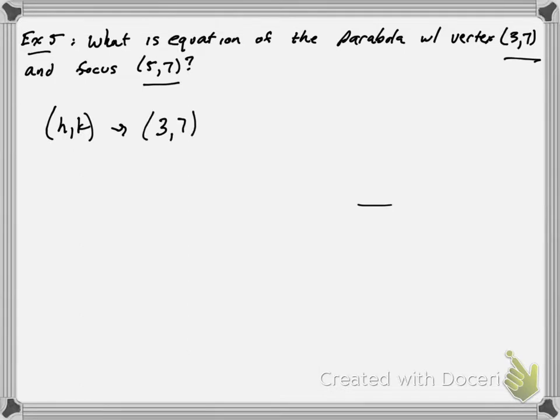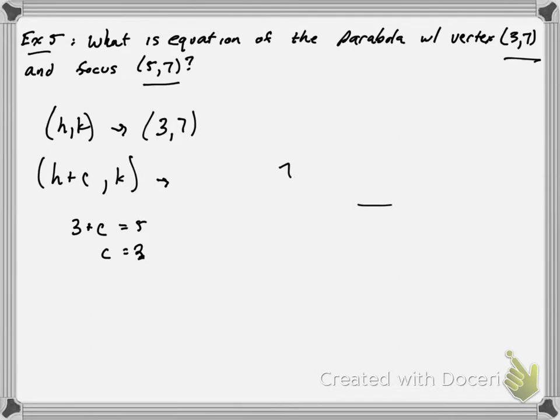Let's deal with my focus. We know that since it's horizontal, the focus is really (h plus c, k). If it were the other way around, it would be k plus c. But we know that's going to be (5, 7). So how do I find that? Well, 3 plus c equals 5, so c is going to equal 2. That's going to help me write my equation, actually.